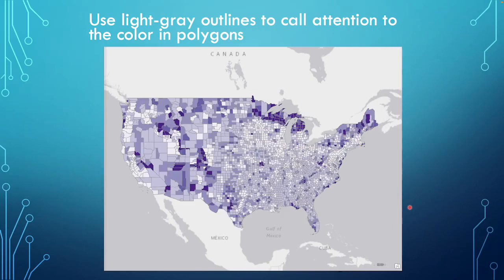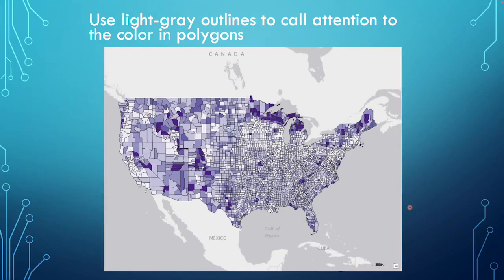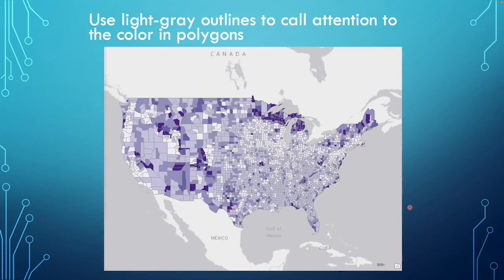But if you make the outlines lighter, you now focus more on the color. So this way, we're focusing on the shapes themselves, the counties themselves. In this case, we're focusing more on the color values that we've put in here. And typically, this is probably what you want, unless you have a very specific reason for identifying all the counties that way.